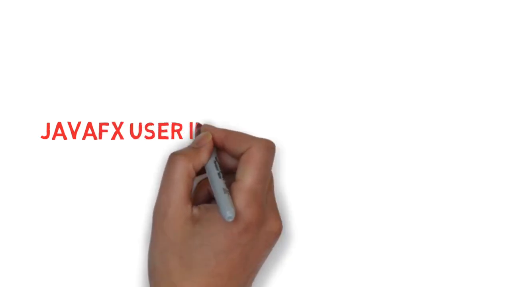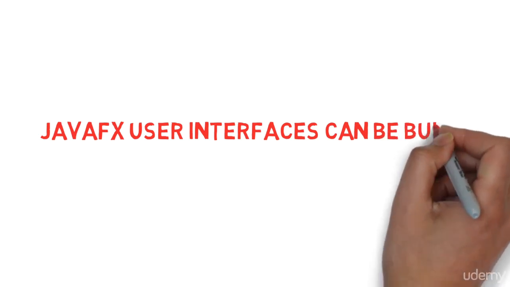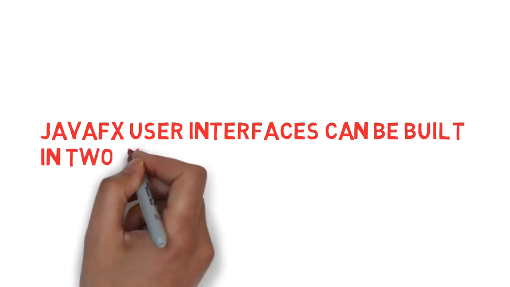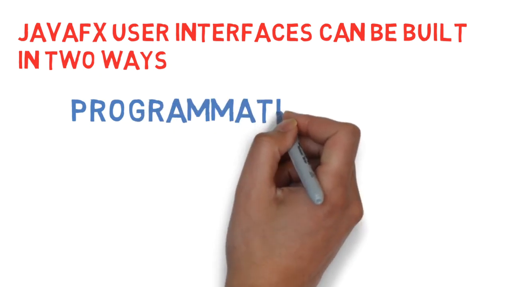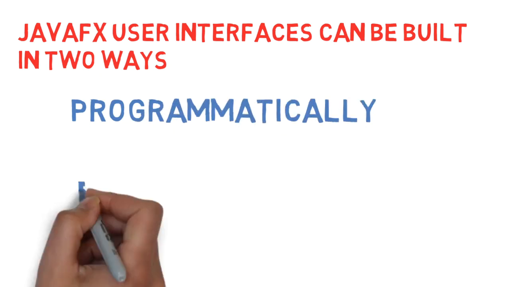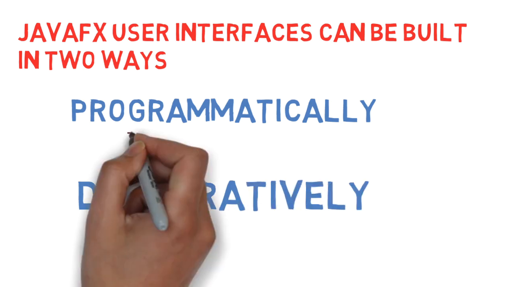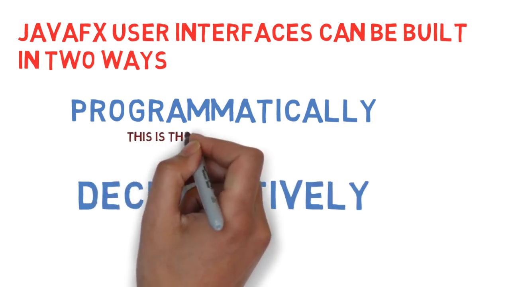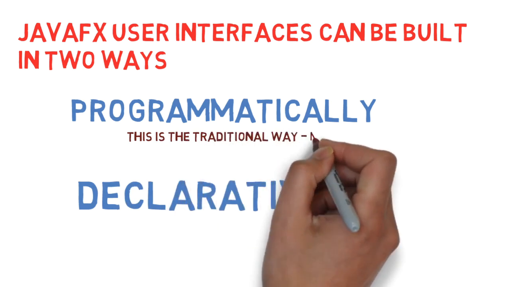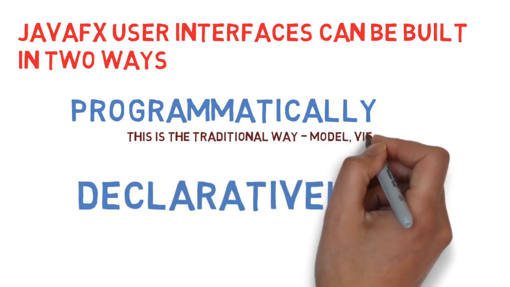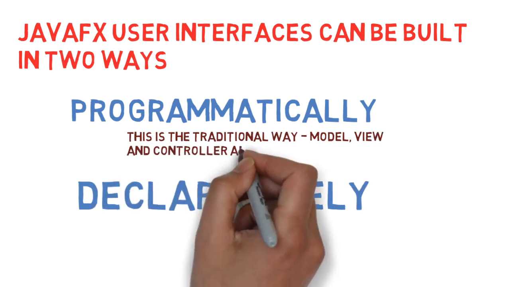Now, JavaFX user interfaces can be built in two ways. One is programmatically and the other is declaratively. What does this mean? Programmatically building up a user interface is the traditional way. The model view controller, which is the design pattern on which JavaFX user interfaces are built, is entirely specified in Java.